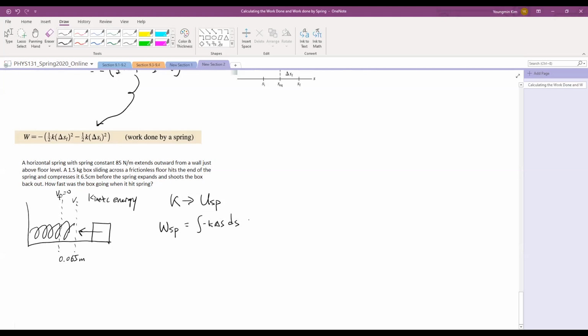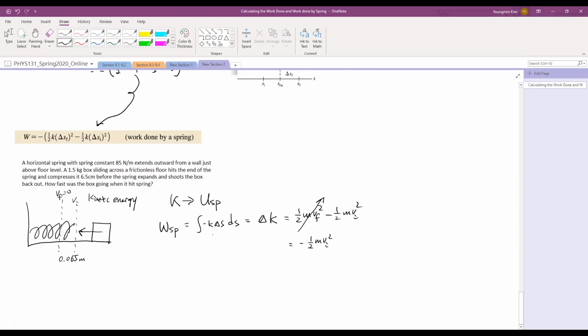ds, and that results in the change in kinetic energy, which is 1/2 mv final square minus 1/2 mv initial square. So on this side, we know the final velocity is going to be 0, so this side is minus 1/2 mv initial square.